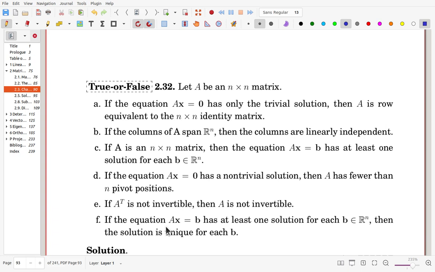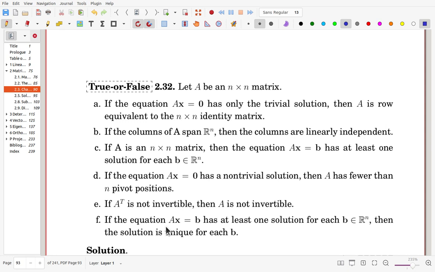Without that, for some choice of b, it may not have a solution. So each row has a pivot, which means there are n pivot positions. That means A is invertible, so the solution must be unique.